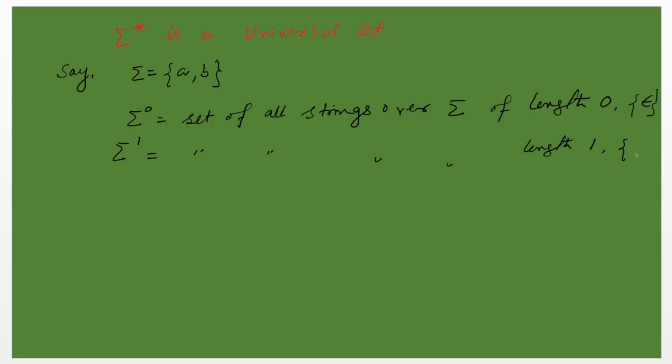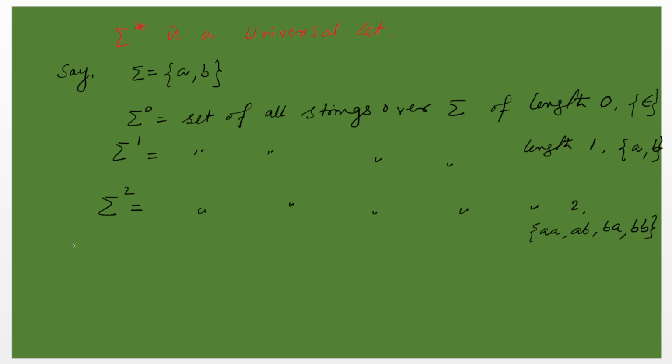Obviously it will be a, b. Similarly, sigma 2 means the set of all strings over sigma of length 2, that means AA, AB, BA and BB.